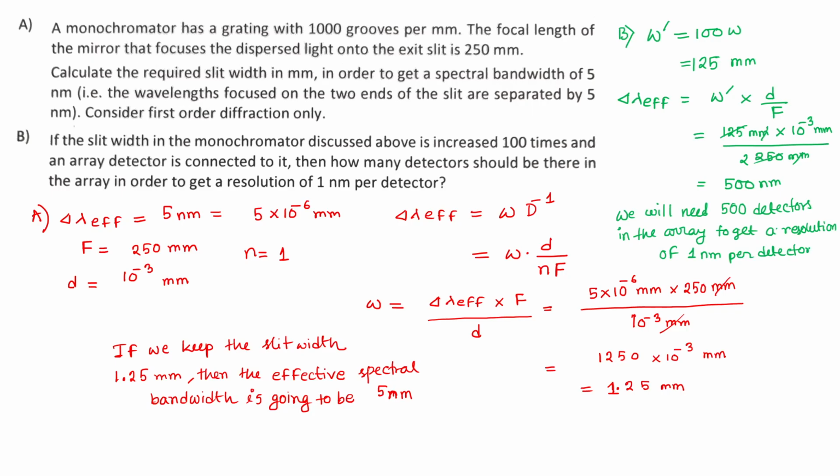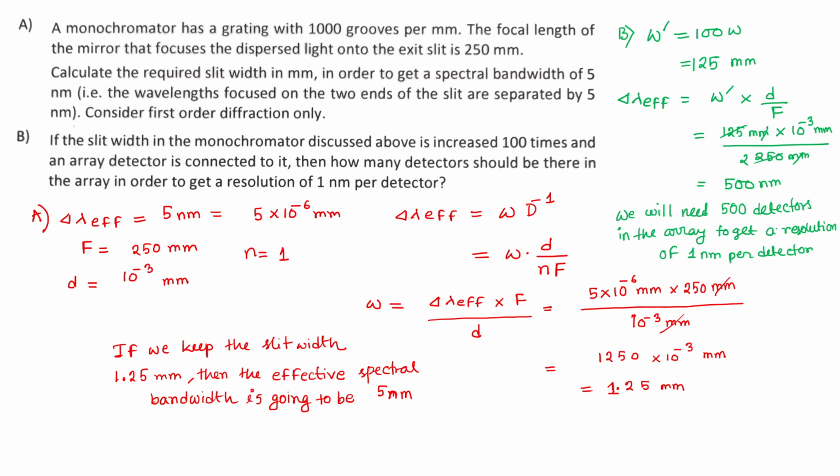These are the few concepts I wanted to discuss in this session so that you have a better idea. Whenever you use a spectrophotometer or fluorimeter, you can change the slit width in nanometer. Don't think the slit width is actually in nanometer.